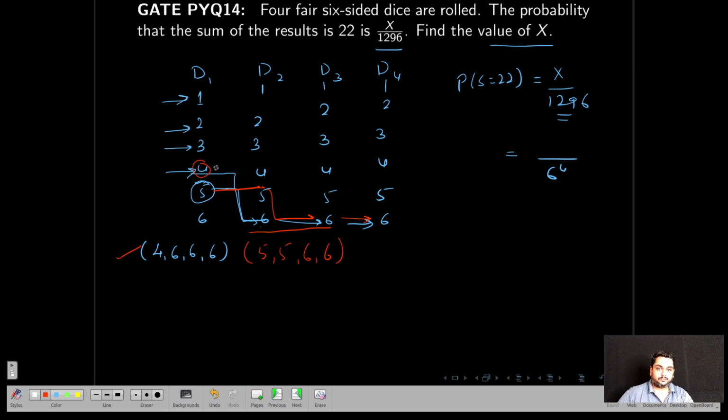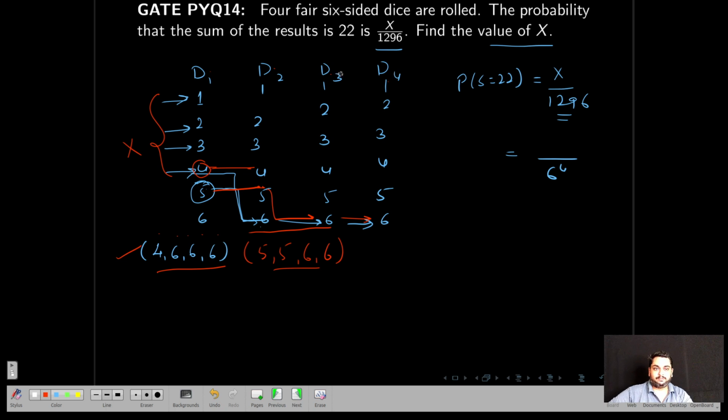Then go to 4. Check if any other combination is possible. 4, 4, 8, okay, 6, 6. You check, no other combinations will be possible. Only these two sets are possible. See, I am specifically saying D1, D2, D3, D4, and I have taken this set, but it's a permutation problem.